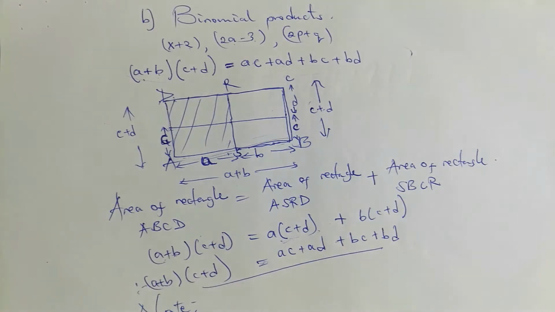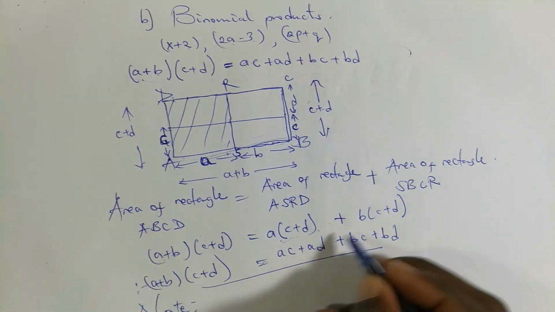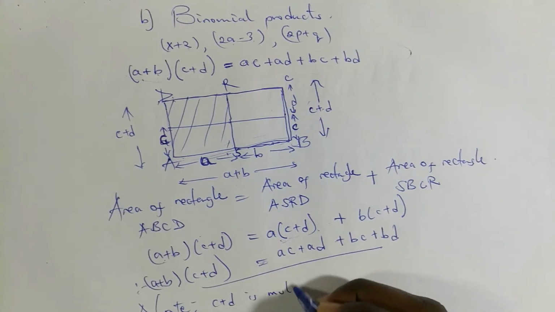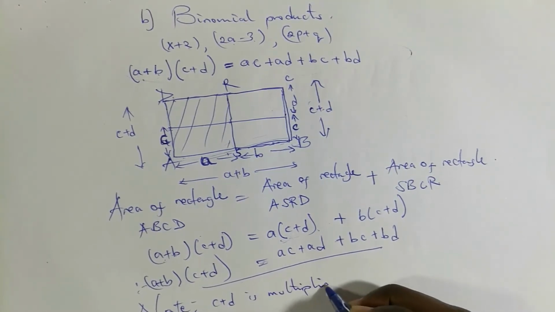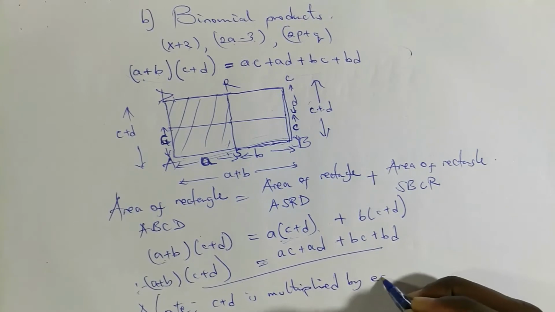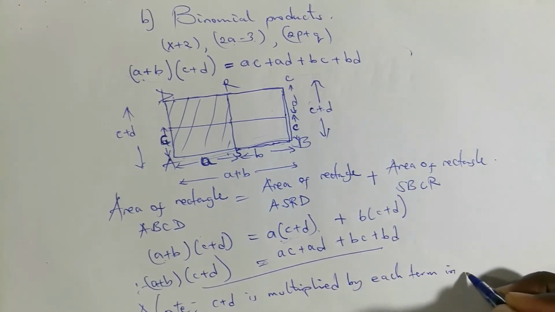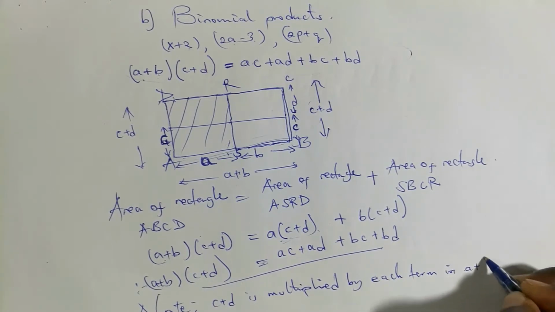That's how we can come to that. You can say that C plus D is multiplied by each term in A plus B.